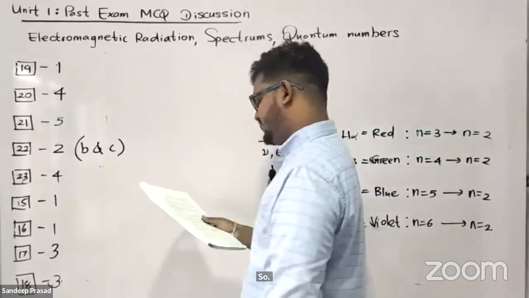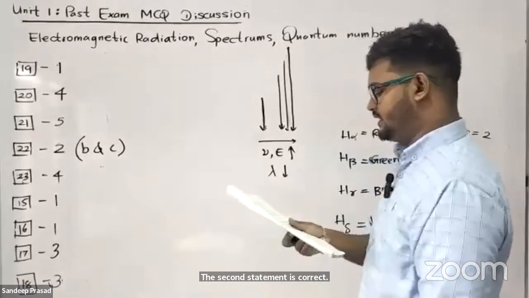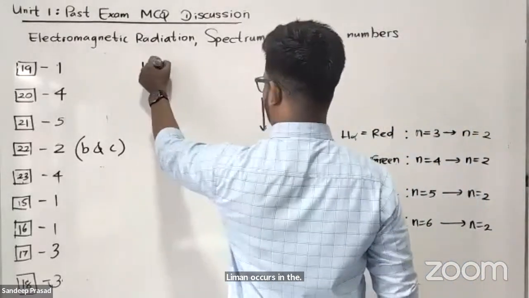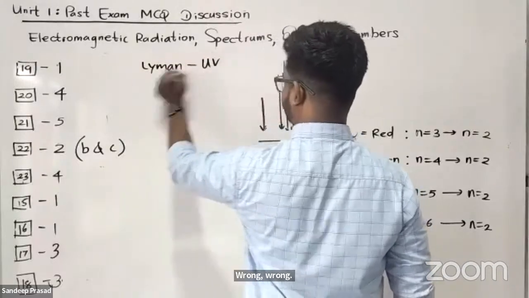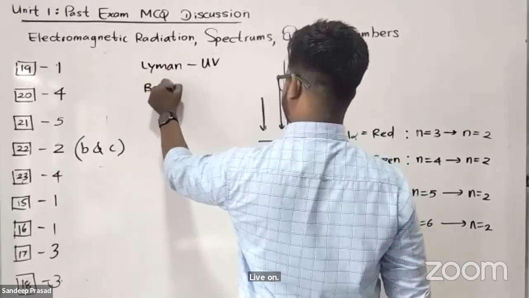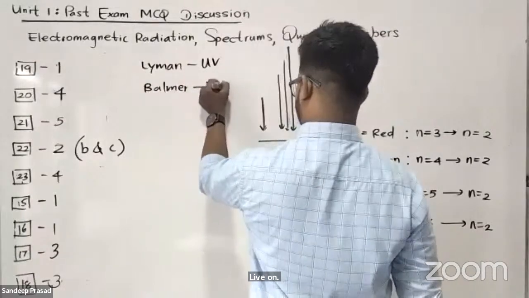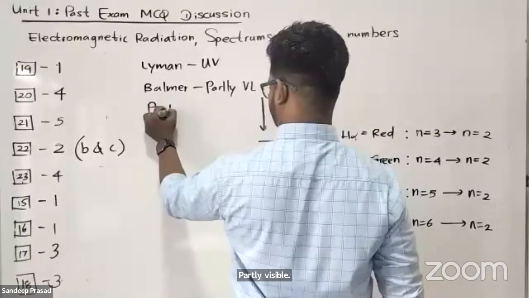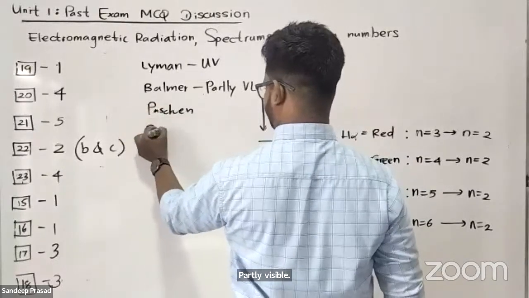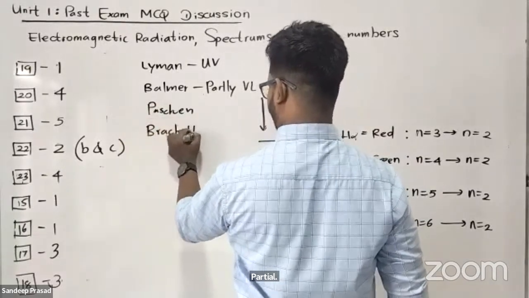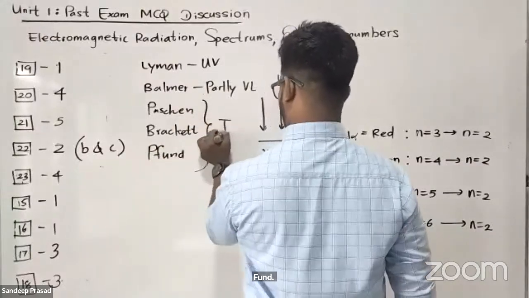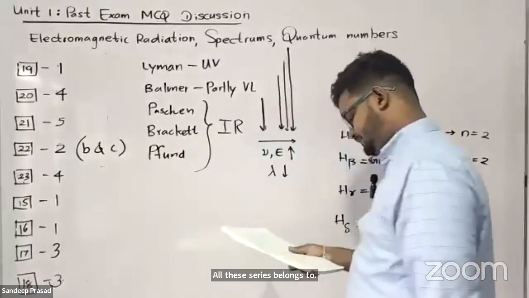The first series of lines, Lyman, occurs in the infrared region. Wrong. Lyman, ultraviolet region. Balmer, partly visible. Paschen, Brackett, Pfund, all these series belong to the IR region. Okay.